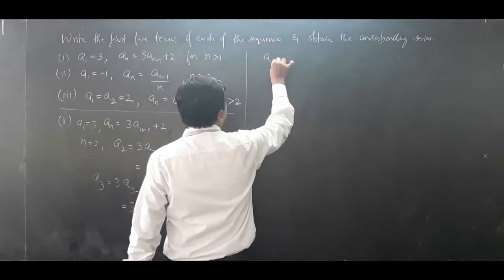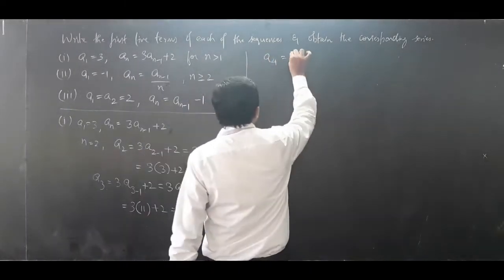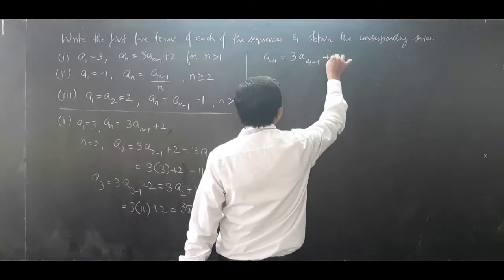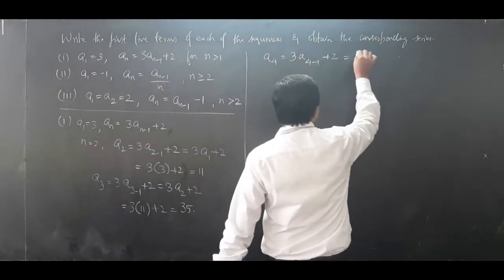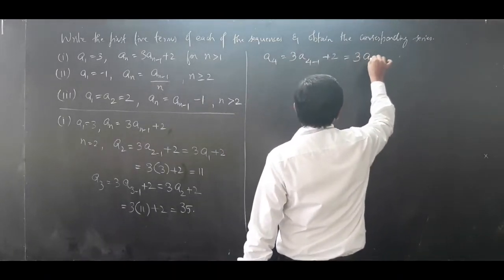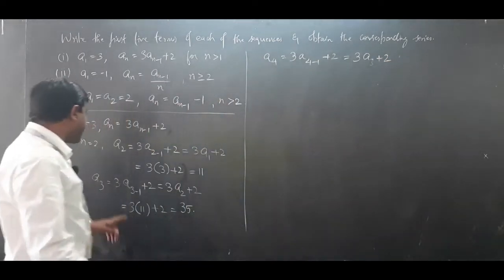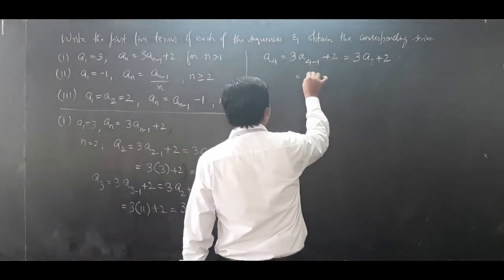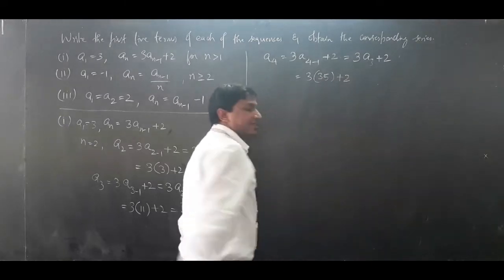Okay, the fourth term, a4. Again, what do we get? 3 into a4 minus 1 plus 2, that is equal to 3 times a3 plus 2. What is a3? It is 35. So this is nothing but 3 into 35 plus 2.